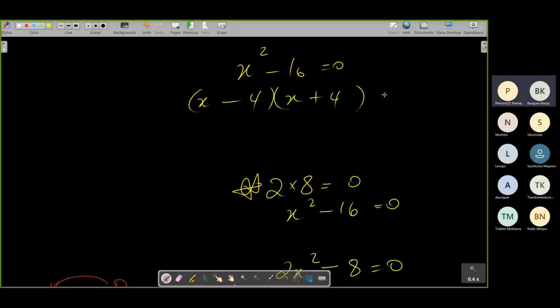And then divide by 2. Yes, divide by 2. And then x is equal to negative 2, or x is equal to positive 2.